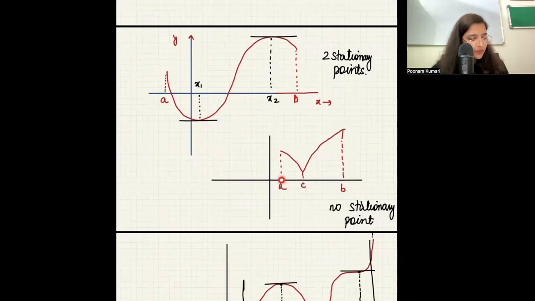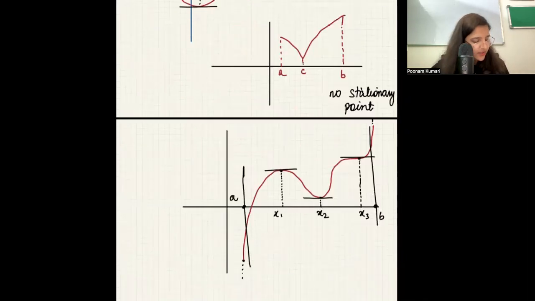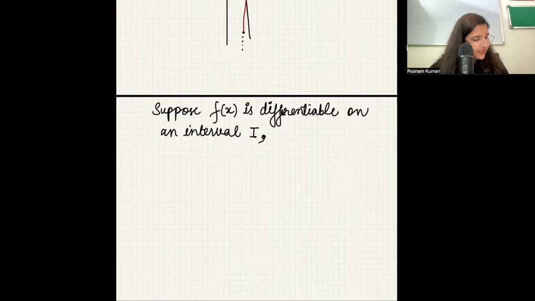If this a to b is my interval, you'll not see a situation like this. There are no sharp edges basically. This is not an interval where your function is differentiable, because there is a sharp edge. Whatever interval we are talking about, your function is differentiable in that entire interval. So there are no corner points, no edges.